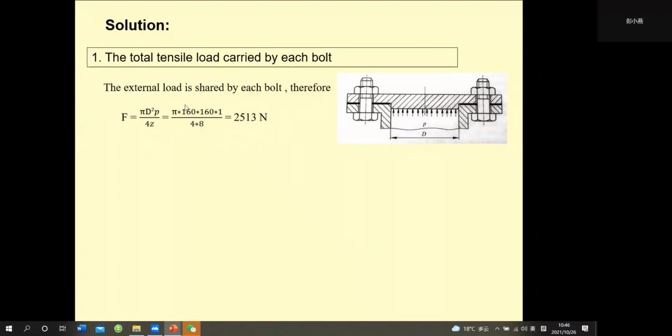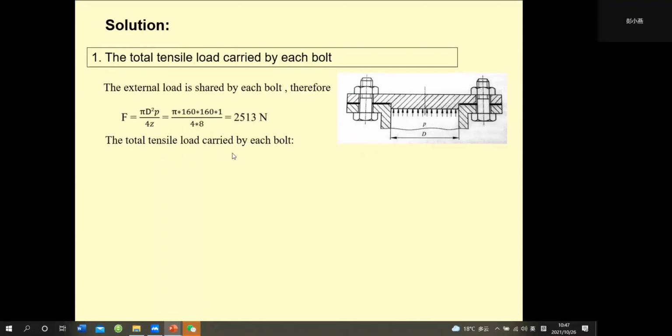We can calculate: this is the Euler diameter of the cylinder, P is 1, and Z, the number of bolts, is 8. So the actual force acting on the bolt is 2,530.